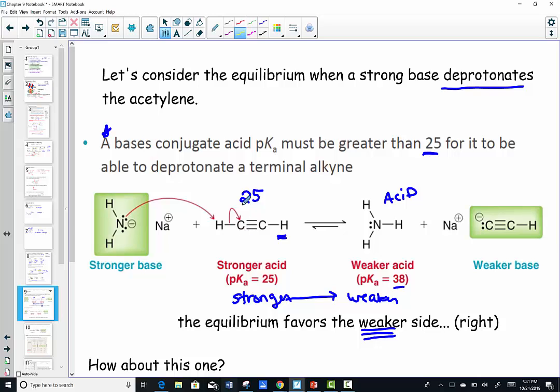So here we looked up acetylene, 25, and that's a number you're just going to get used to looking up so many times that you'll remember the terminal end of an alkyne has a pKa of 25. For the reaction to proceed favorably forward to favor the right side, you need a pKa with a number greater than 25 to push the reaction forward.